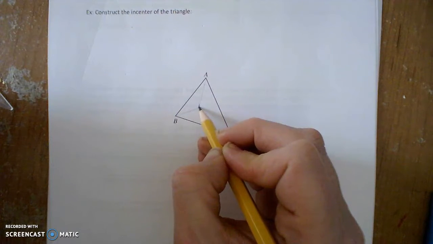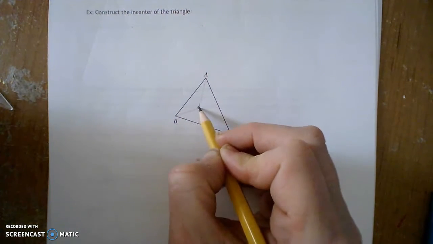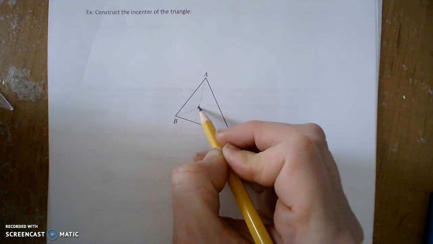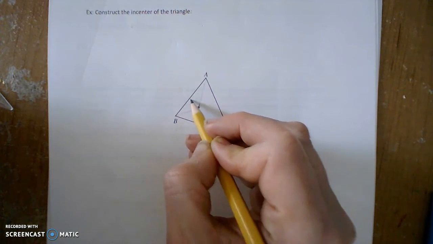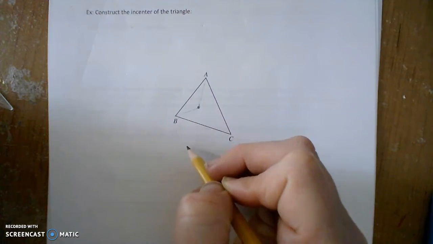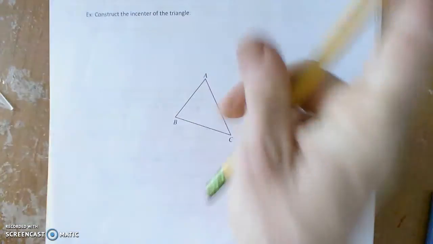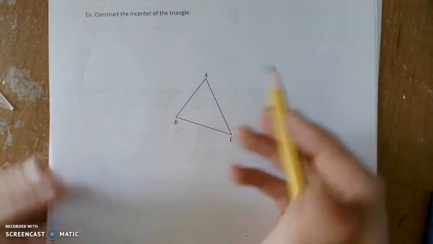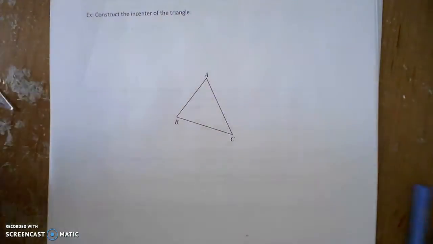So where do these two bisectors intersect? Whatever point that is will have the same distance away from this side as that side. So what I need to do is construct the angle bisectors for at least two of these angles, and that will give me the center of the circle. So let's go ahead and do that.